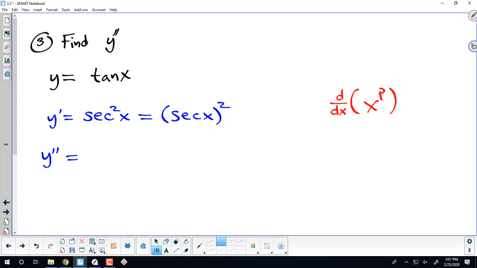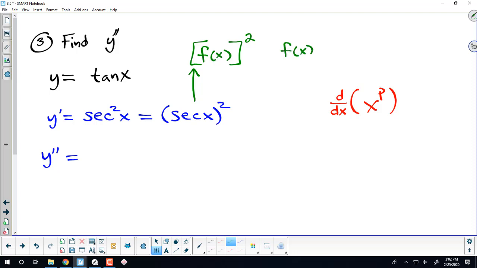What we're actually looking at here is the derivative stuff we see in 3.7, because we're thinking of this as some function of x. We know it's secant, but it's a function of x being squared. So what you have there is actually a composition. You have one function put inside another function, right?